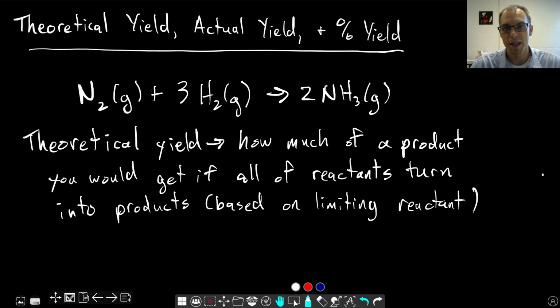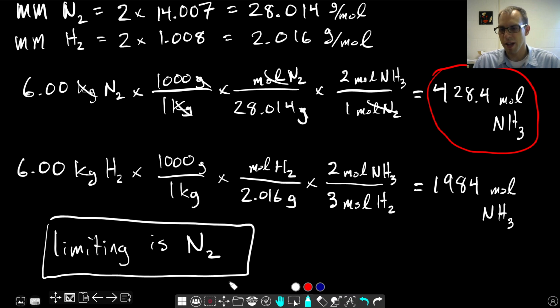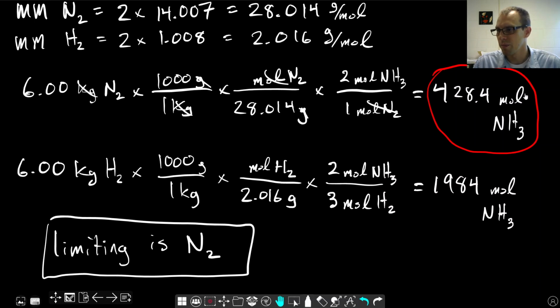In our previous ammonia example, this circled answer that we calculated from our limiting reactant of nitrogen would be the theoretical yield of our reaction, given that our limiting reactant is nitrogen.